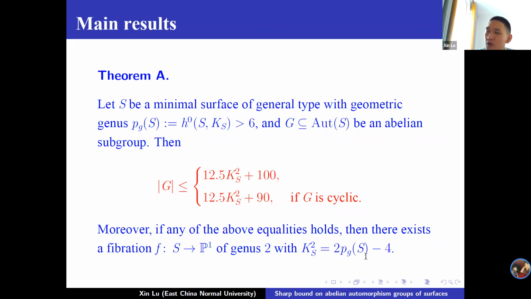This is the minimum possible for K_S square, given by the Noether inequality: K_S square is at least this number. Here, K_S square must be equal to this number if the equality holds. Okay. So this is our result for the upper bound of the abelian subgroups.